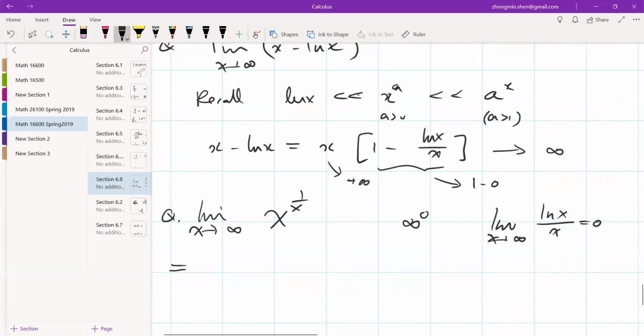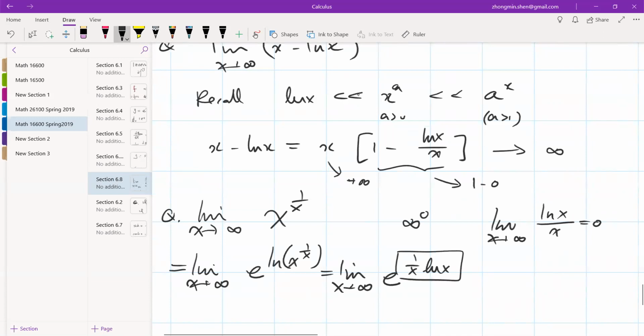So I have to modify it. The way to do it is to put e to the natural log. If you move the 1/x to the side, it's (1/x) ln x.